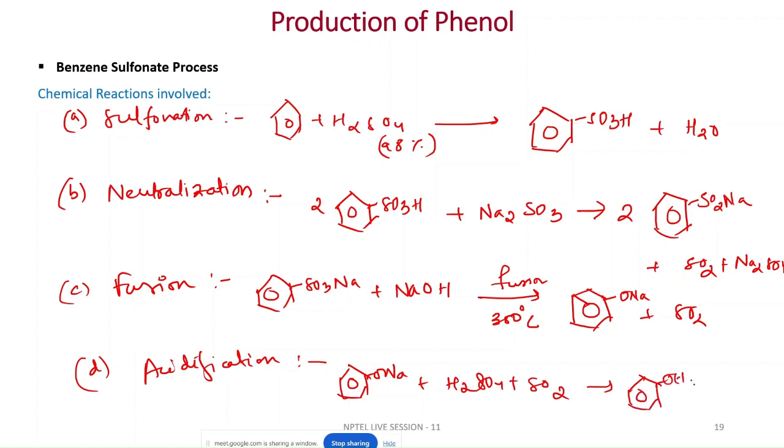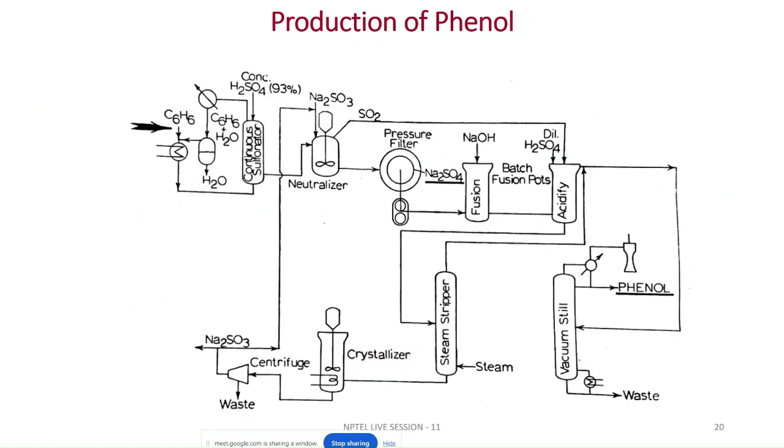At the end, some of the materials can also be recycled and reused in the process. So it has four steps: sulfonation, neutralization, fusion, and acidification. We will now discuss the process flowchart for the benzene sulfonate process.